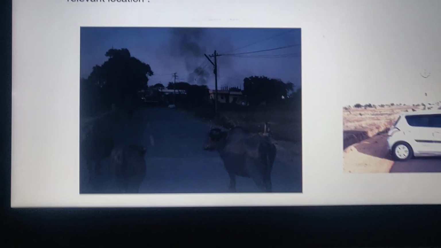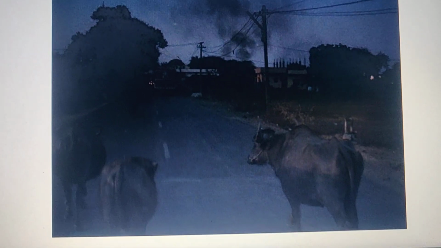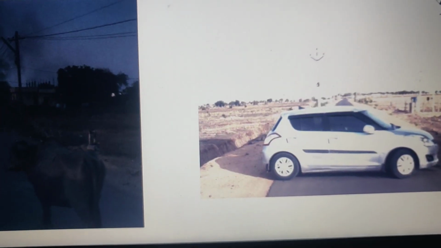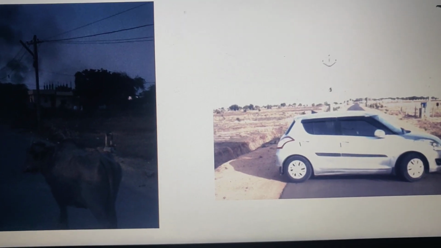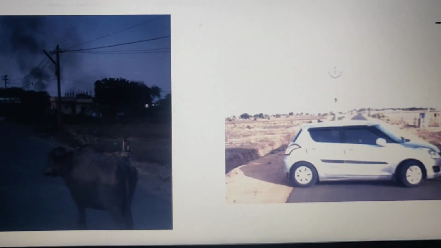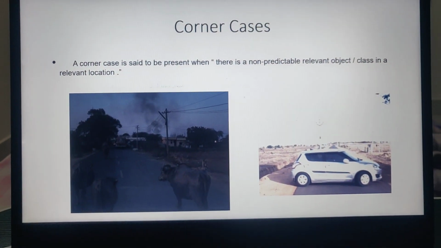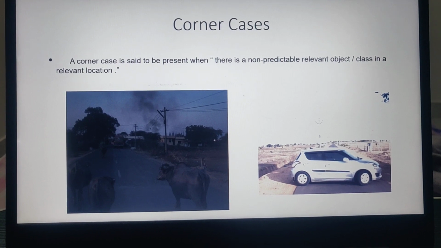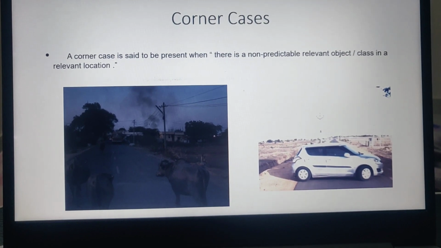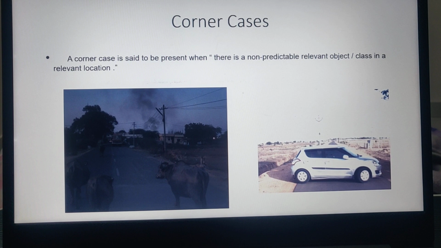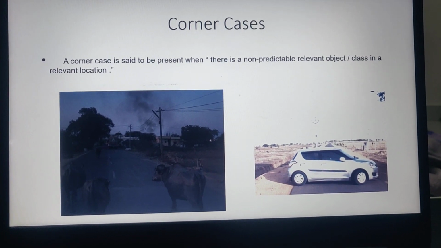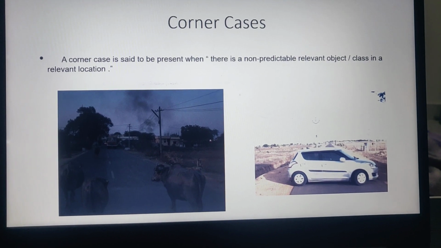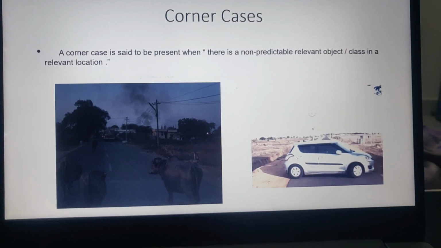As we can see, there is a picture containing 3 buffaloes on the road, and there is another picture where there is a car on the road, but the car is literally across the road. I mean, it covers the whole part of the road. In both of these situations, the car cannot move forward. So the classification of these corner cases, or the creation of this dataset, will enable the machine learning model to handle such cases more efficiently.